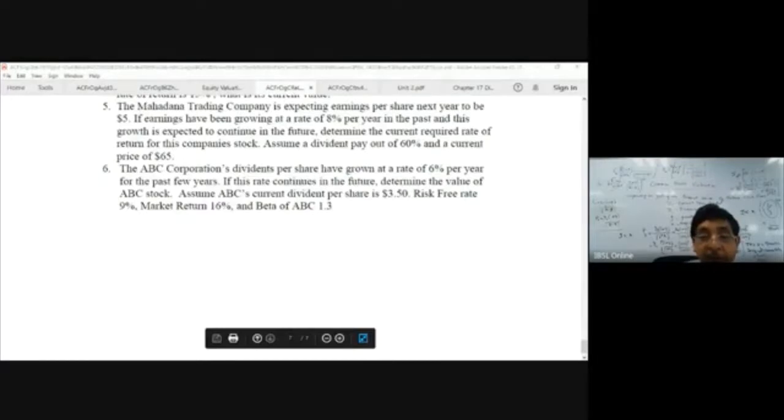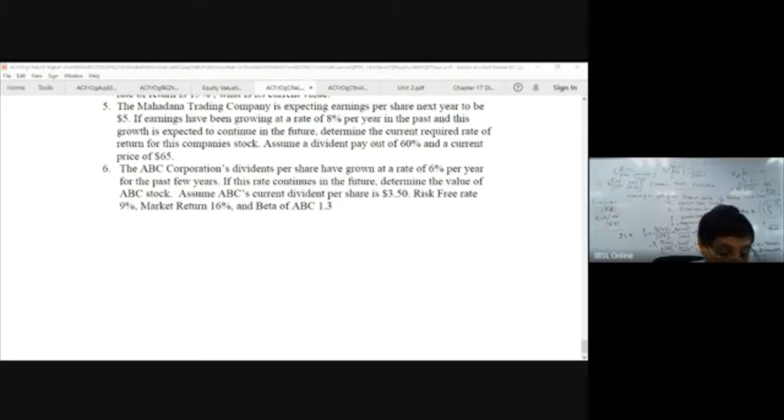Yes, Chamali and Laknath, try to get the stock price. Now this calculation is leading to K. K is equal to 18.1.